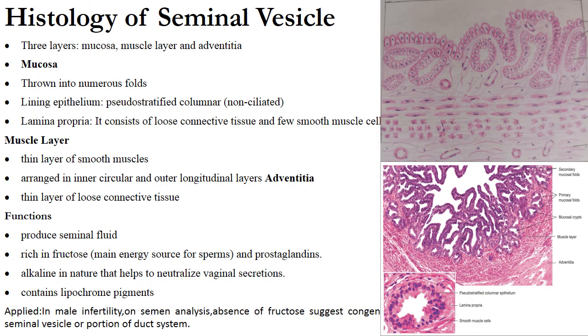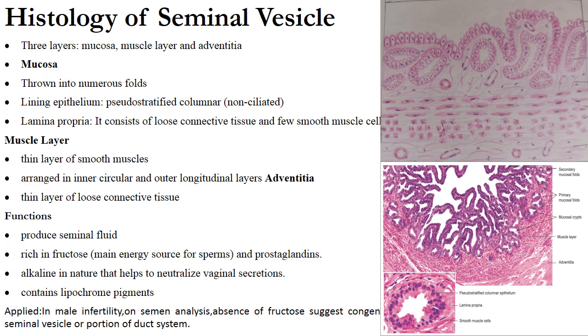Seminal vesicles are paired, elongated, highly folded glands with irregular lumen, and they are located at the base of the urinary bladder. And it consists of a single duct which is about 12 to 15 centimeters in length and 3 to 4 millimeters in diameter, and it is folded upon itself.